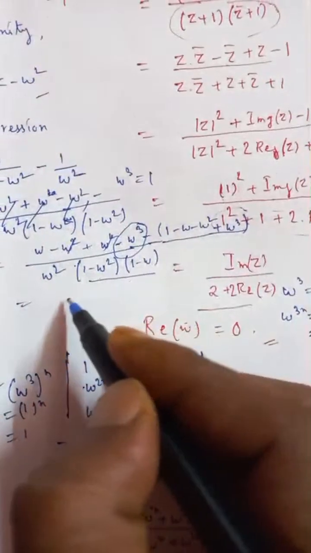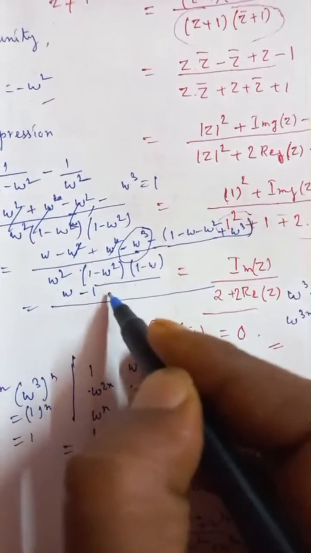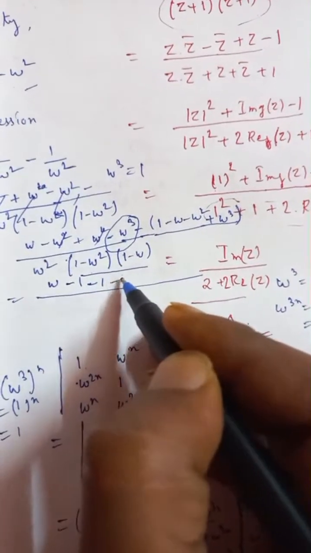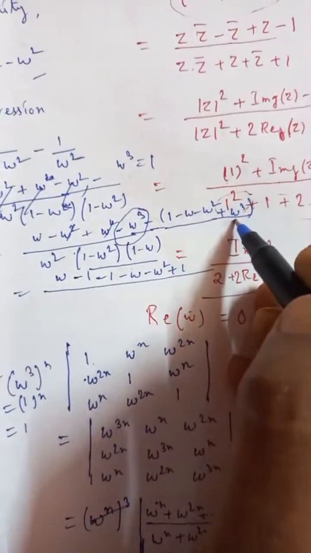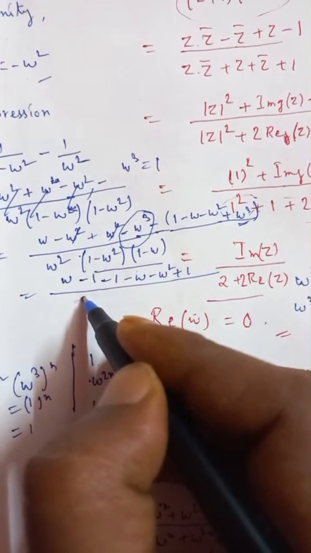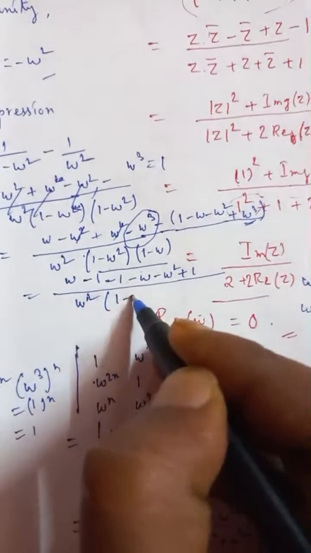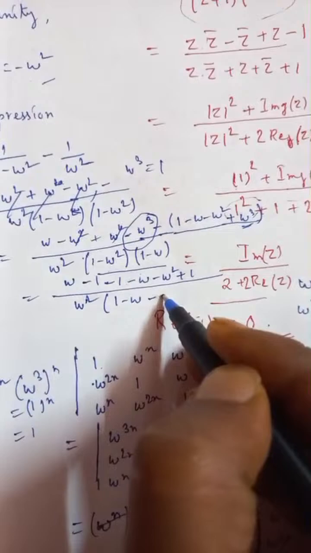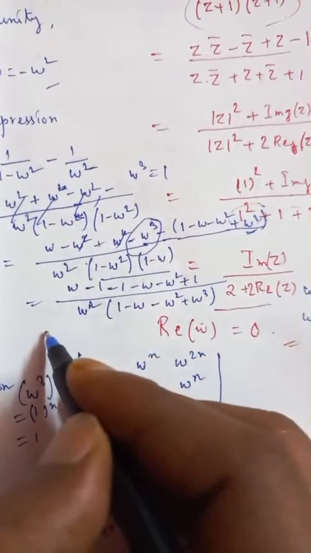So overall the numerator will be omega minus 1 minus omega square plus 1, omega cube equal to 1, and the denominator will be omega square, 1 minus omega, minus omega square plus omega cube.